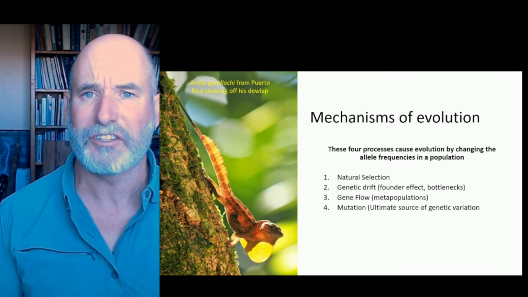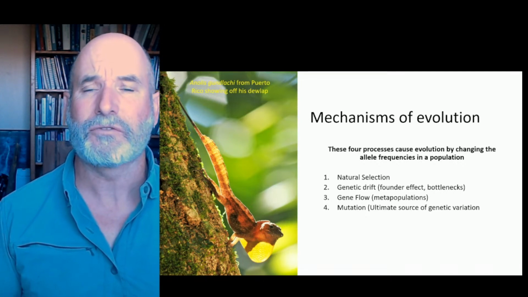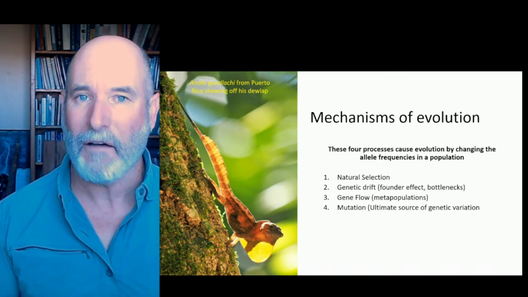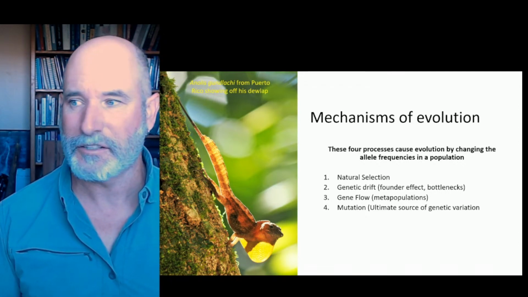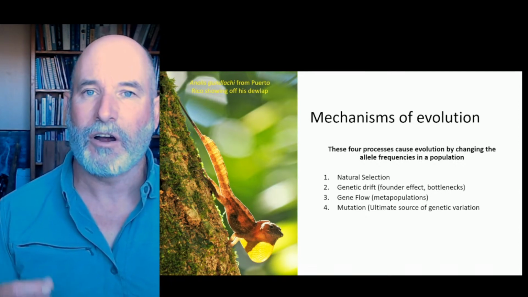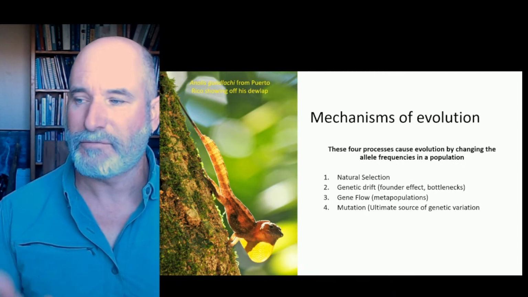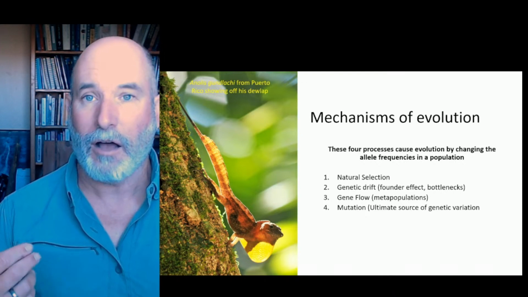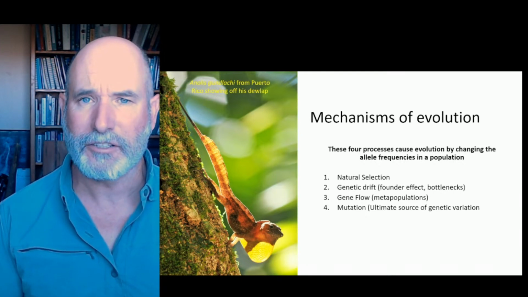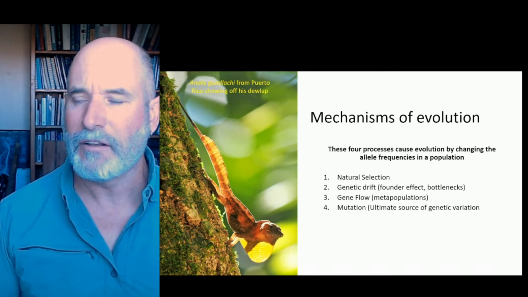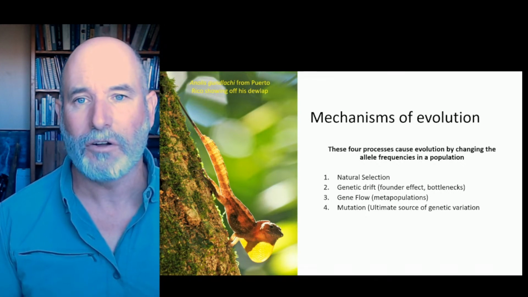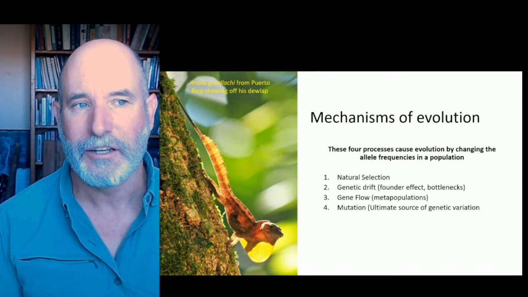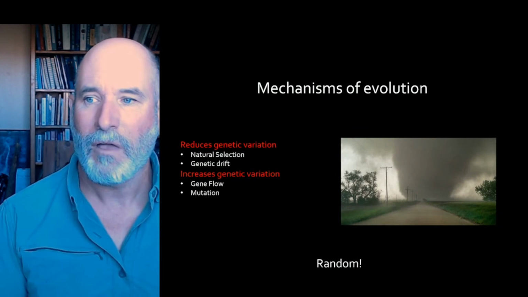So sexual selection helps you attract the females, which leads to reproduction and more offspring, hence improved fitness. These other ones are genetic drift, things like founder effect, bottlenecks, gene flow, and we're going to talk a little bit about metapopulations and different population structure, and then mutations, which of course is the ultimate source of genetic variation.